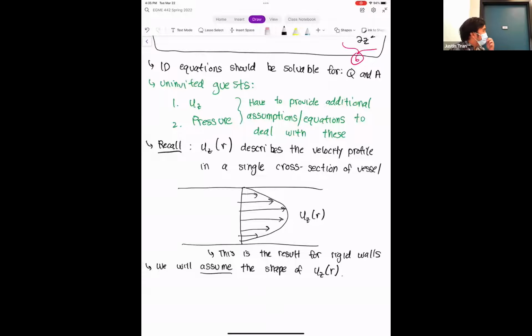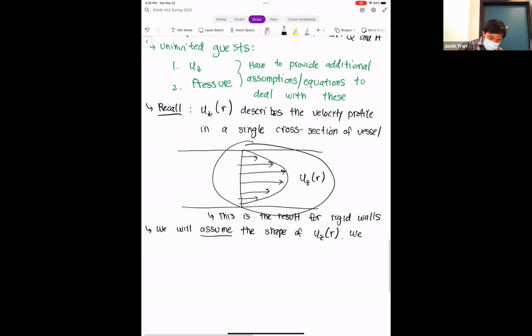But for the class and for the notes that I have, we're going to assume the simplest profile that we can, which is exactly this one right here. So let's go ahead and move forward by assuming that the velocity profile is parabolic.